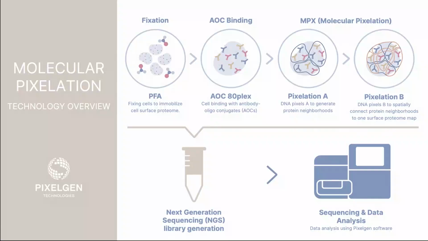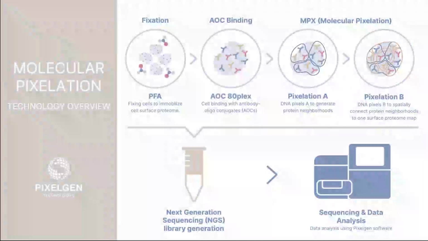But then we have two pixelation steps, which are actually where the spatial aspect comes into play. In pixelation A, we generate protein neighborhoods. And in pixelation B, we will spatially connect these protein neighborhoods into one global surface proteome map. I'll talk more about how that works in the next slide.